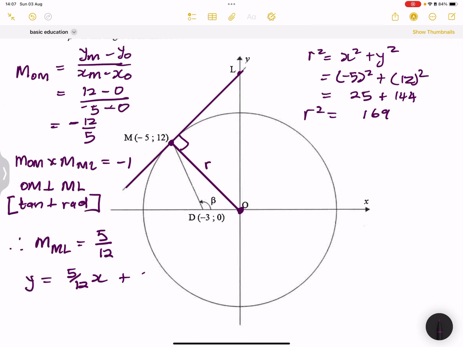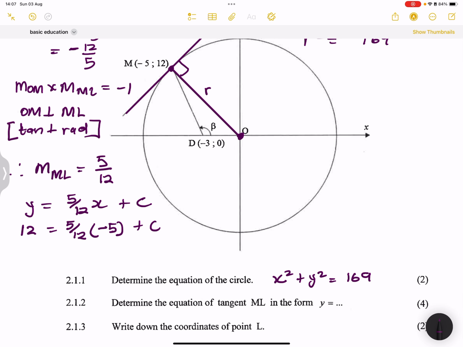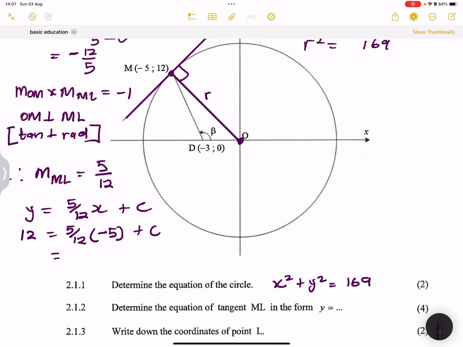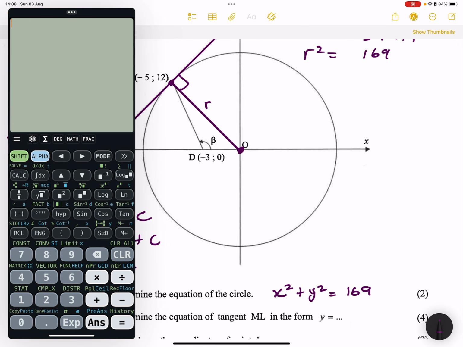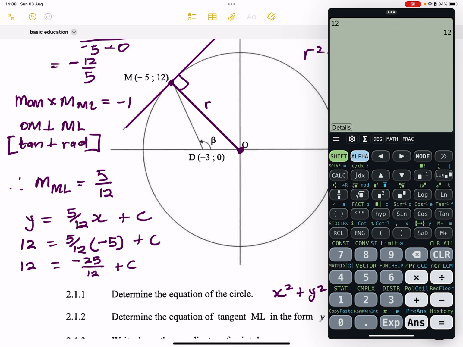But there is a point that we know the line passes through, point M. So when y is 12, and x is -5, and the gradient is 5 over 12, we're going to have 5 over 12 multiplied by -5, which is minus 25 over 12, plus c equals 12. So c is 12 plus 25 over 12, when we take it to the other side it becomes positive.